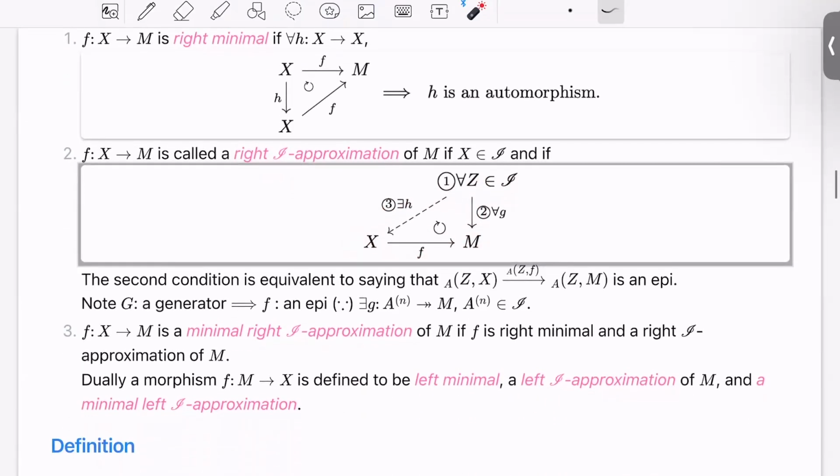And then if F satisfies both of them, right minimal and right I-approximation, then it is called a minimal right I-approximation. And dually, the left minimal, left I-approximation and the minimal left I-approximation are defined.